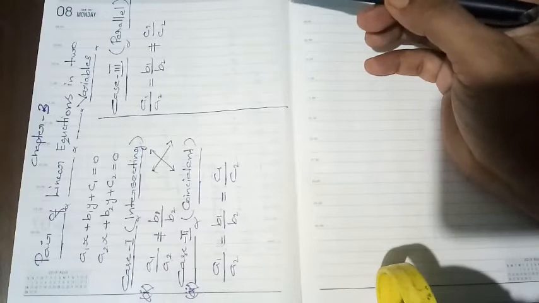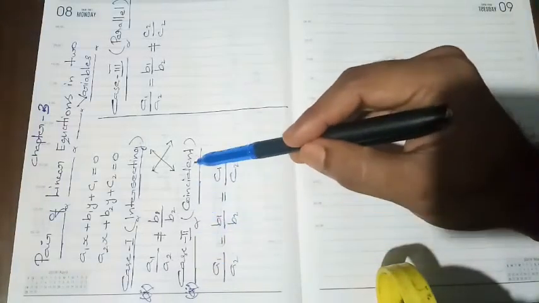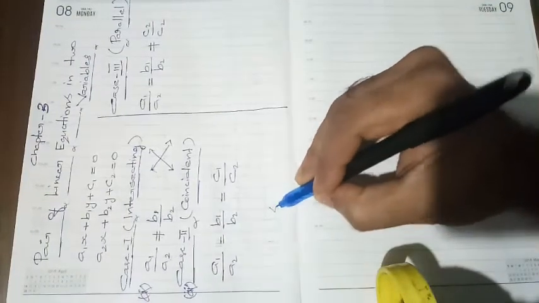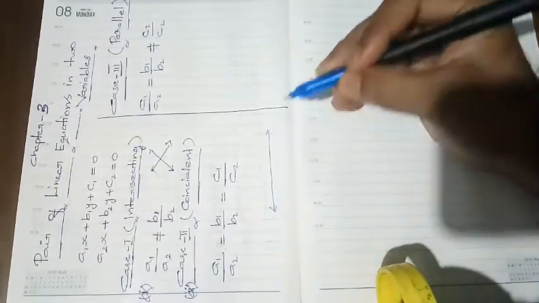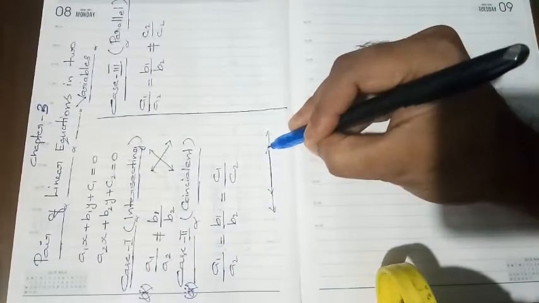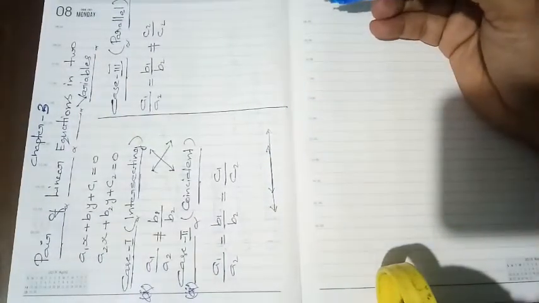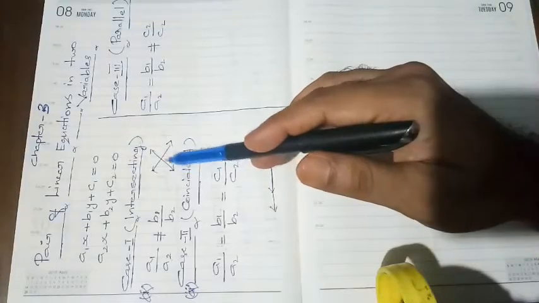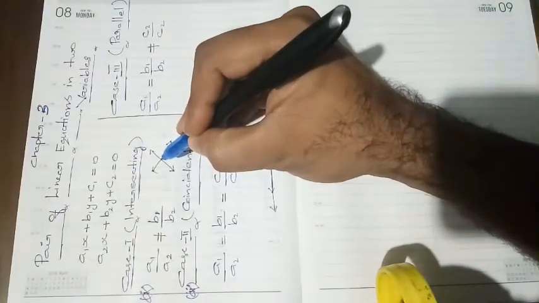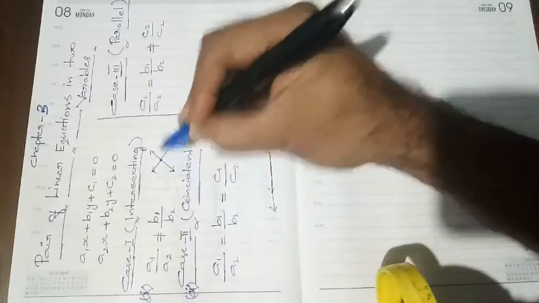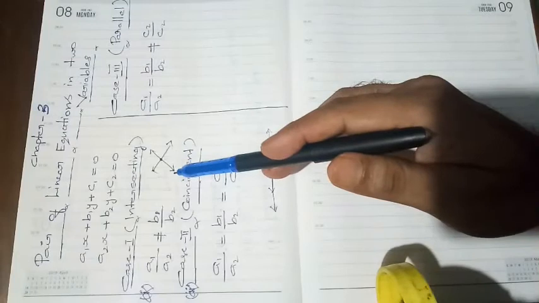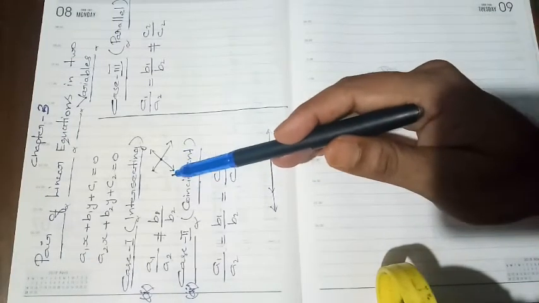Okay. In the second case, that is the coincident lines, the lines will be like this. First line, second line will be a coincident line. And one more thing, in the first case we know that pair of linear equations has only one solution, and in that case we can say that the solution is consistent.